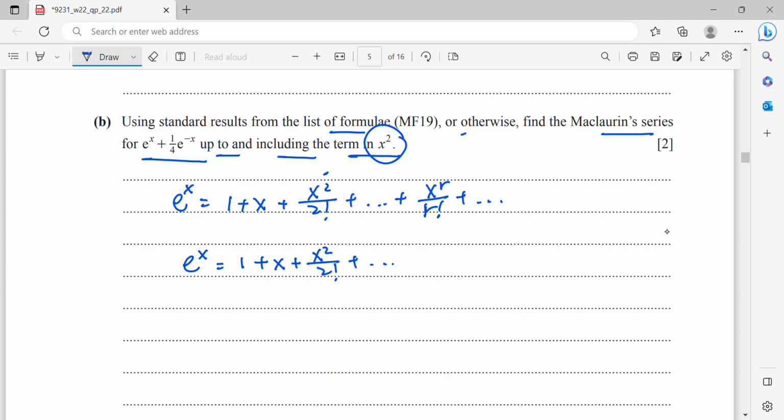Okay, so this is from MF 19. Right, so now, first term done. Second term here, e^(-x). So I will write e^(-x). When you compare these two terms, the x here has been changed to minus x, which means in your expansion, all your x must be changed accordingly.